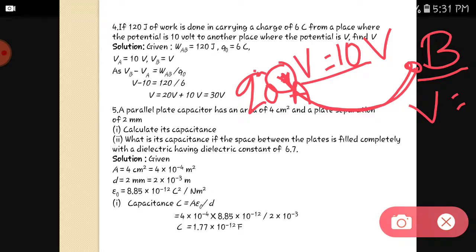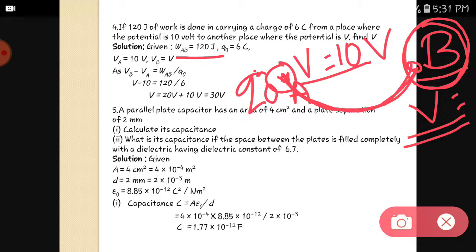But to move this charge from A to B, work is done. That work done is given as 120 joule. Now, what we are going to find out is at what potential point B is situated, so that work done is 120.